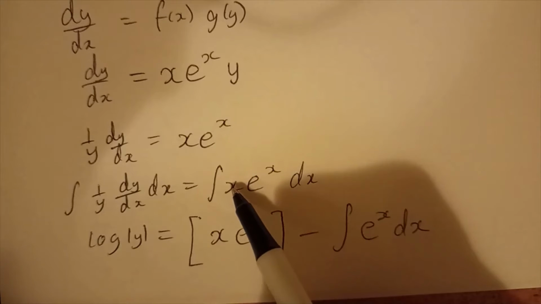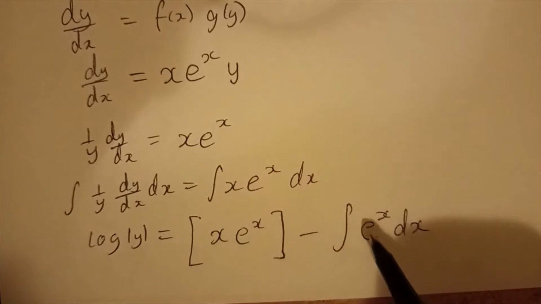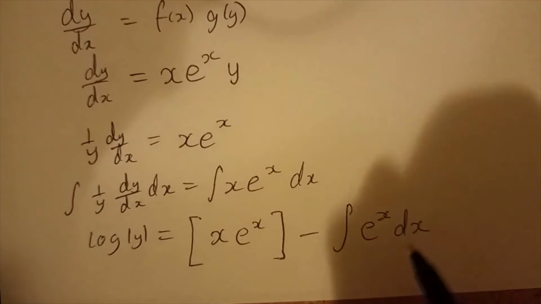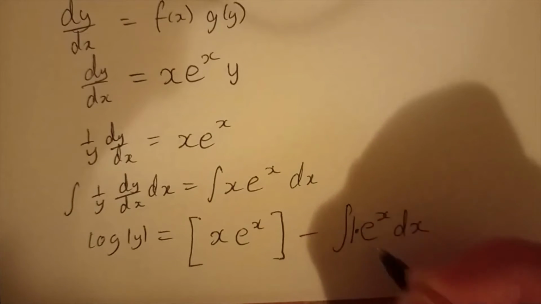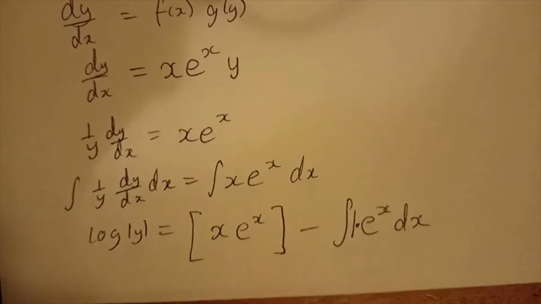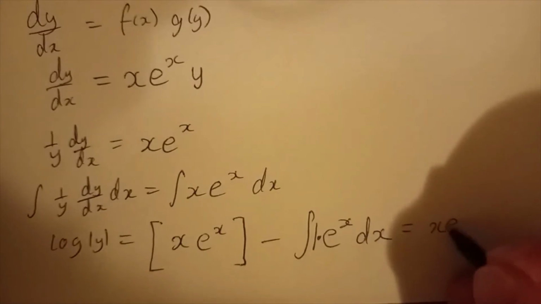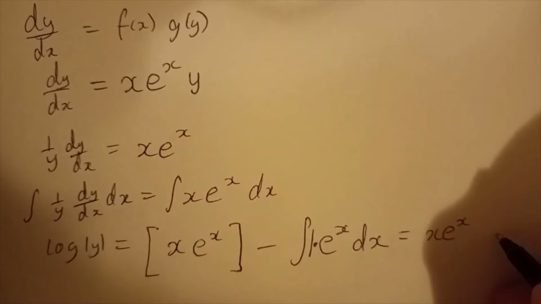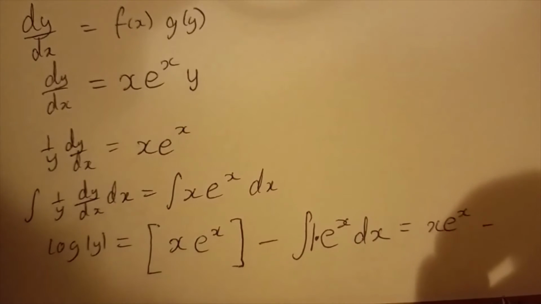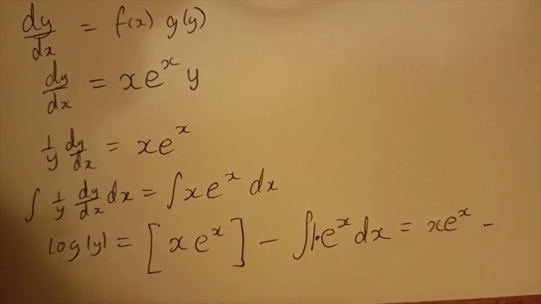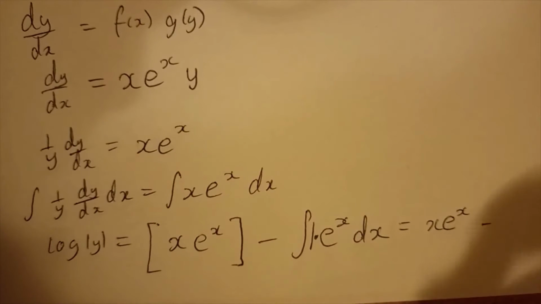And a derivative of the first term x is just 1, so we could put a 1 here, but we don't need to do that. And so this just gives x e to the power x, take the integral of e to the power x.